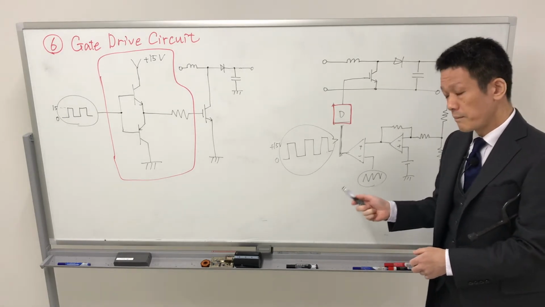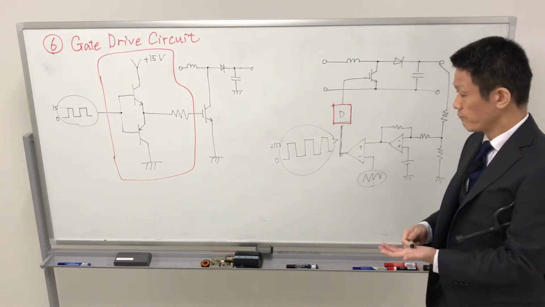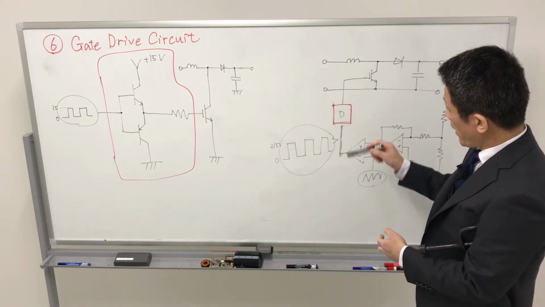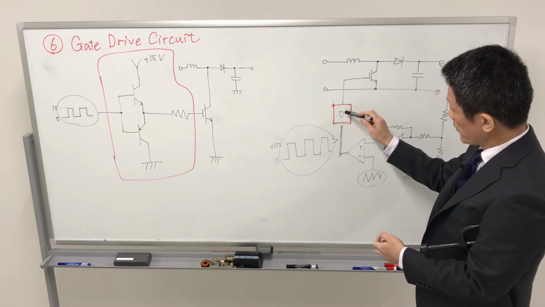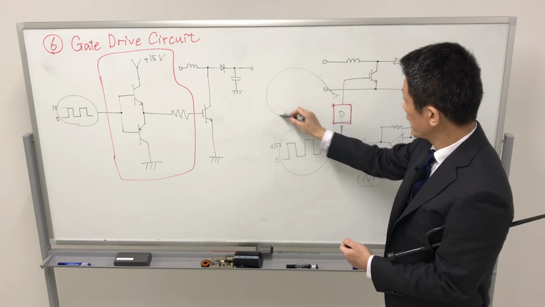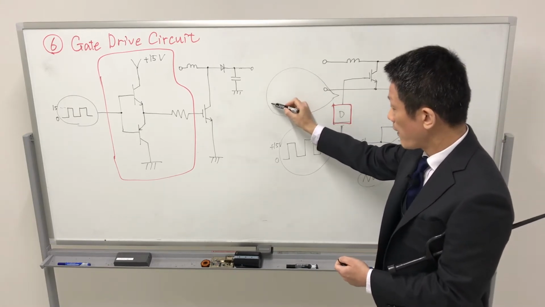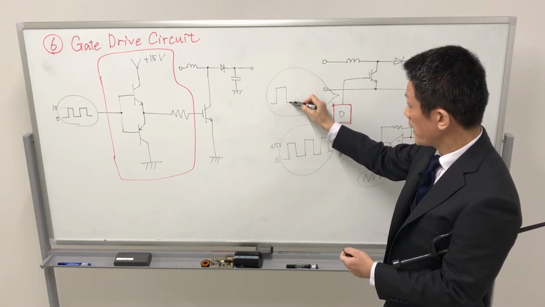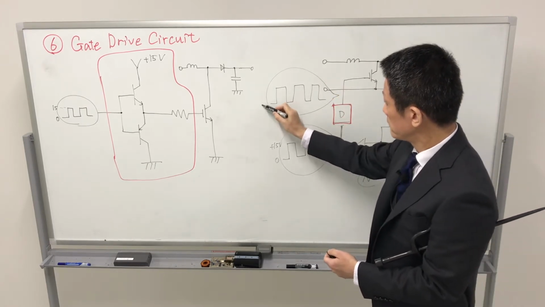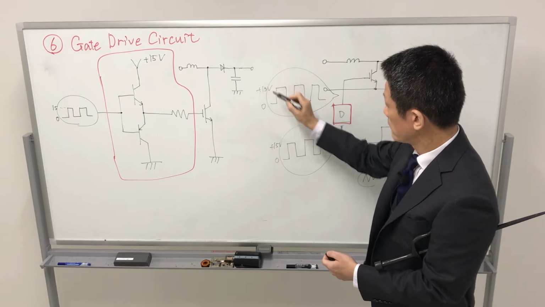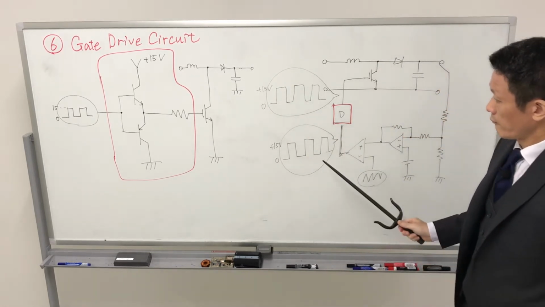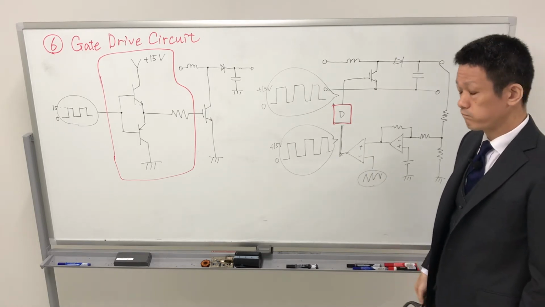We call this the PWM waveform. And the output voltage of the gate drive circuit? How about the output voltage? It is almost the same waveform.